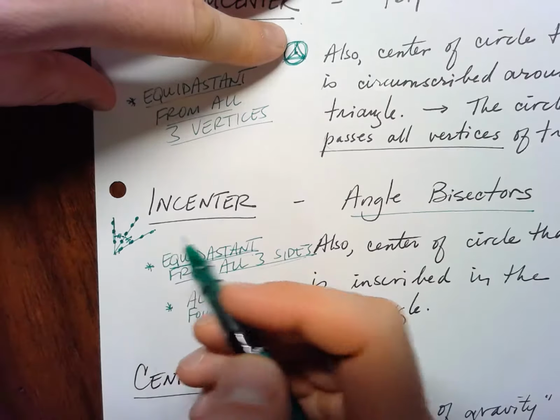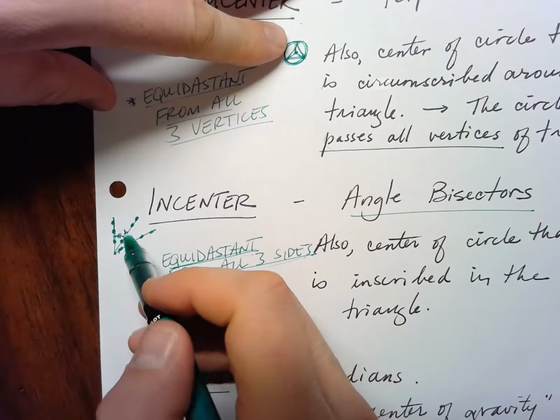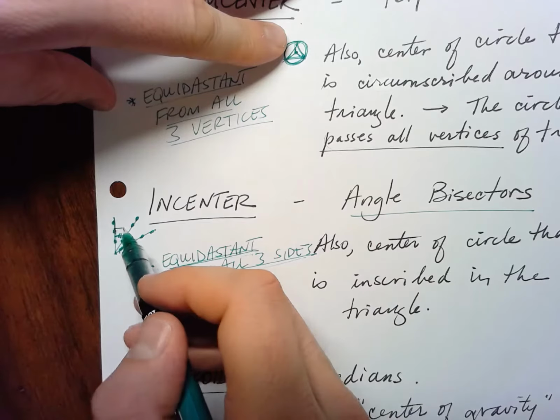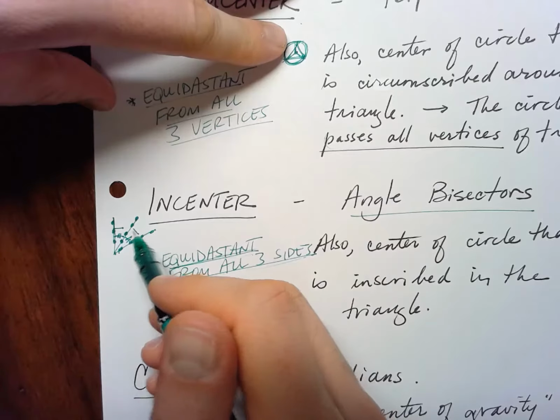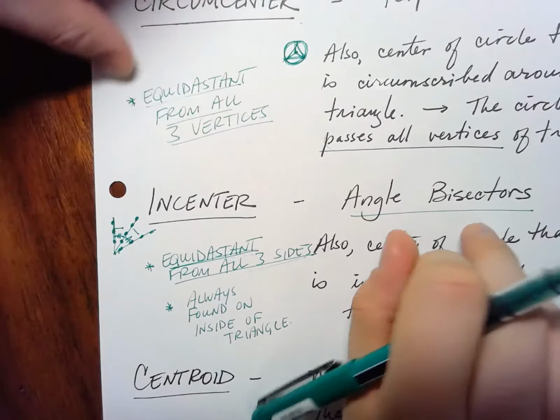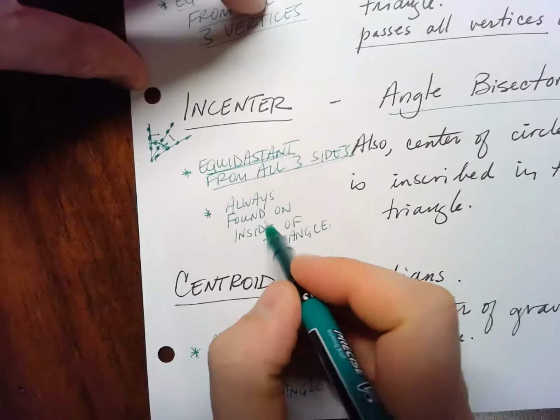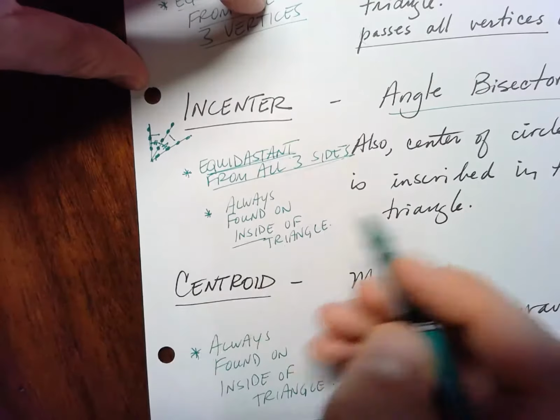So these are the same. So they're the same distance. If you measure across here and here, they're going to be the same for all the points. So it's equidistant from all three sides, and this is always found on the inside of a triangle.